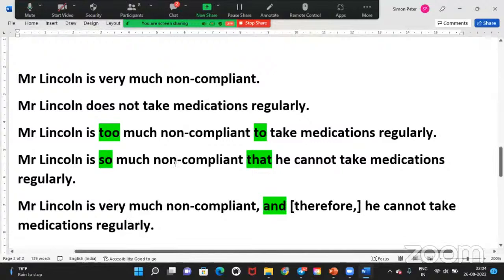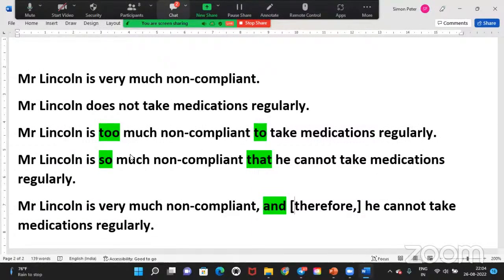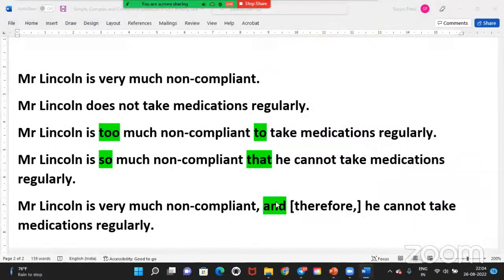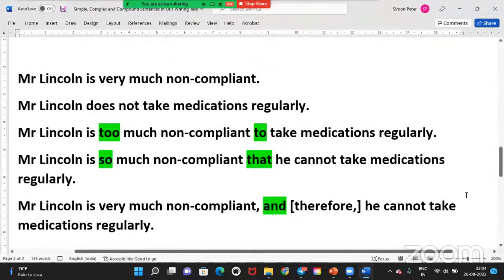Right. So this is the way you can write this, in: to, so that, and therefore, or to, so that, and. So the first one is a simple sentence, the second one is a complex sentence, and the third one is a compound sentence.